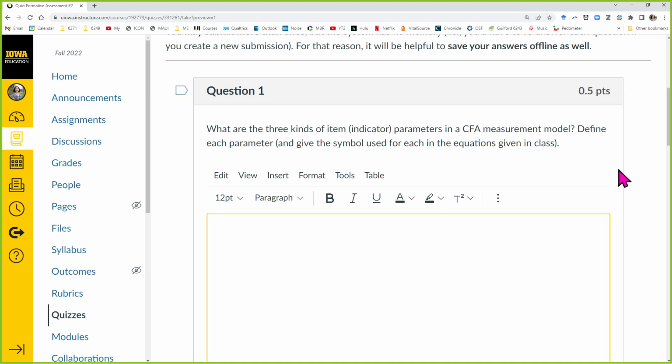What's another item parameter? Intercept, yes. And what's the symbol for that? Mu, or fancy U, someone wrote down. I like that one. The U with like a line in the front of it. I don't really care what symbols you use as long as you're internally consistent in your notation scheme. But yes, what does an intercept tell us?